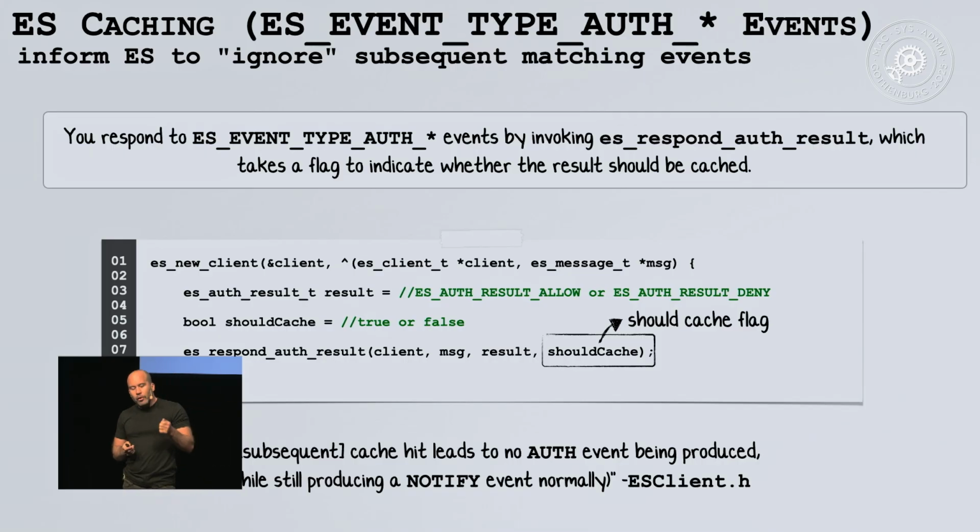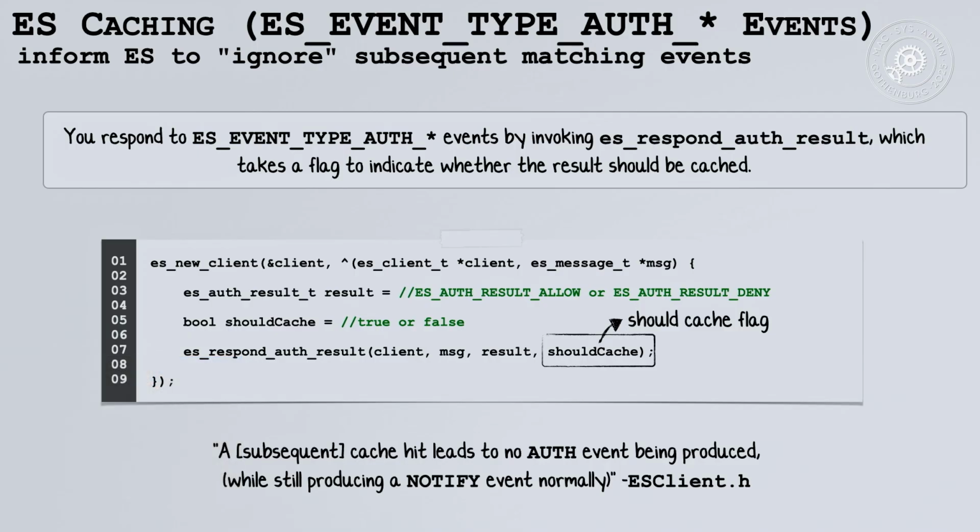You do this by invoking the ES respond auth result API, and this takes the conclusion, allow or deny, and a flag. And the flag says, should this action be cached or not? If you tell it to cache it, all subsequent executions of that same process will not generate subsequent events. And you can see that's probably what you want to do most of the time.